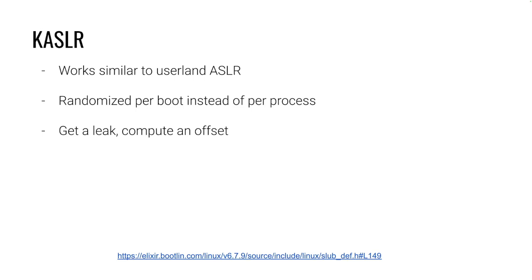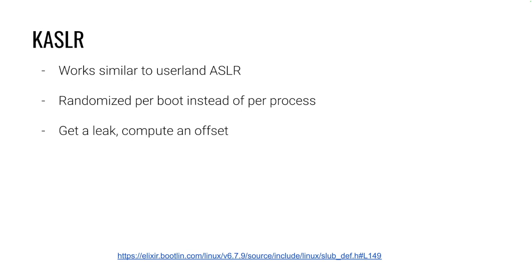In userland ASLR, these addresses are randomized every time we execute a new process. But we don't have that same opportunity to re-randomize with kernel memory, because the kernel memory gets stood up when the system first starts up. We can't re-randomize in the middle of running.